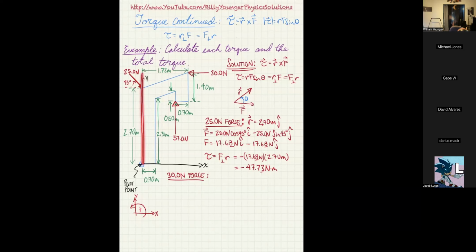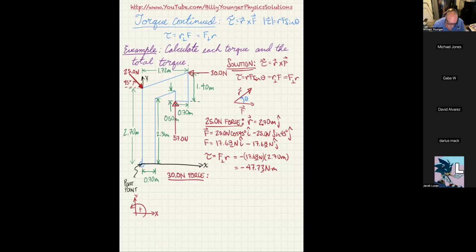So this is the component of the lever arm that is perpendicular to the force. And this one right here is the component of the lever arm that's parallel slash anti-parallel. So if we can figure out exactly what this component of the lever arm is, then we can use this one, which is the perpendicular component of the lever arm, R perp times the force. So that's what I'm going to use.